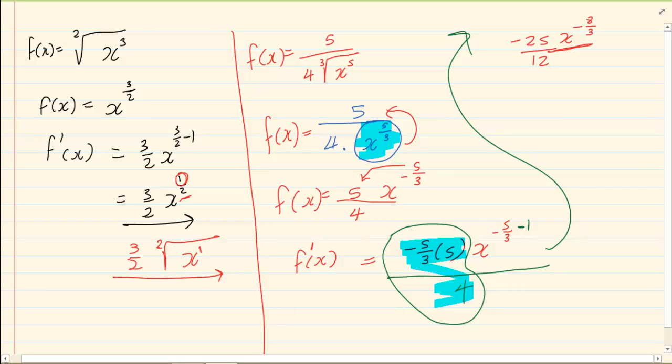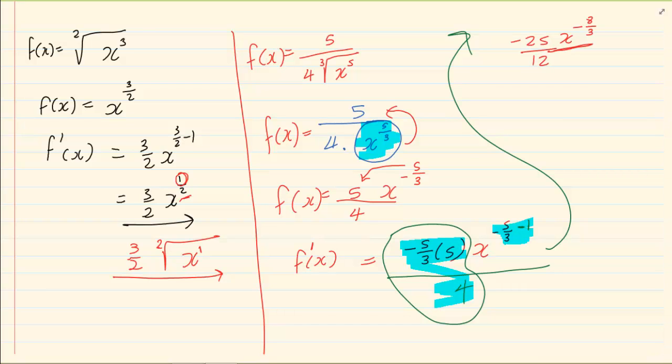Okay, so the constants we put in the calculator, we got an answer of minus 25 over 12. Then we have x to the power of minus 8 over 3. Now how did I get the 8 over 3? I said minus 5 over 3 minus 1. Now again you can use your calculator.